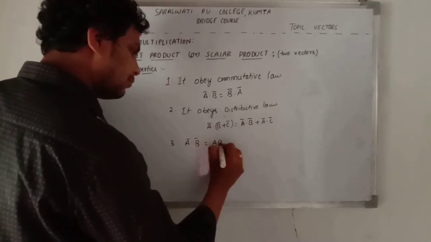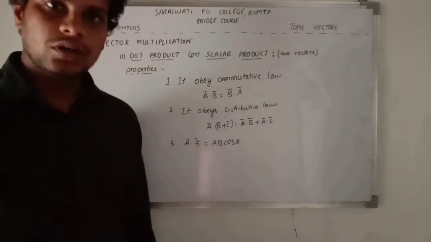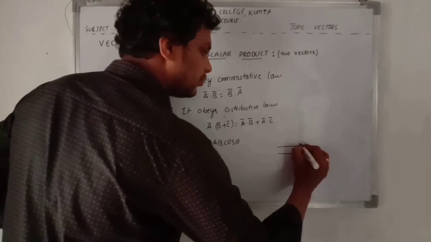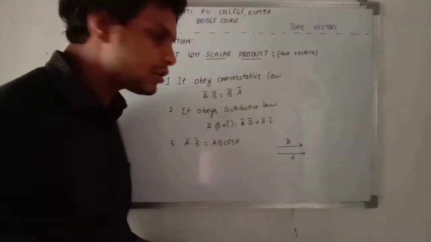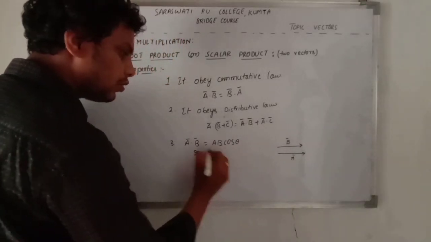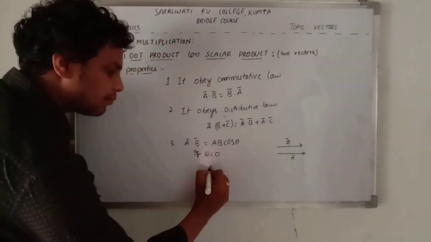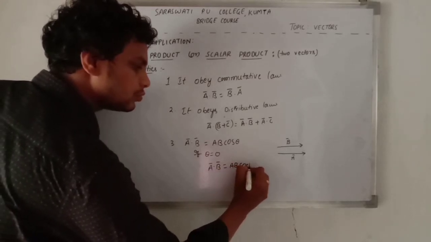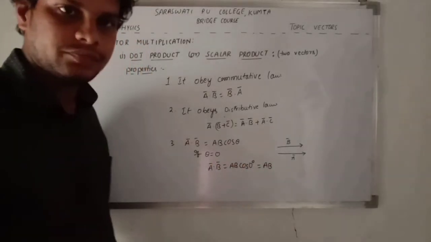For example, the dot product a bar dot b bar is equal to ab cos theta. If vector a and vector b are in the same direction, then theta is equal to 0, so a bar dot b bar is equal to ab cos 0, which is equal to ab, where cos 0 is 1.